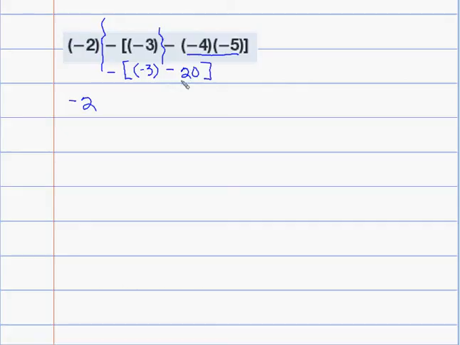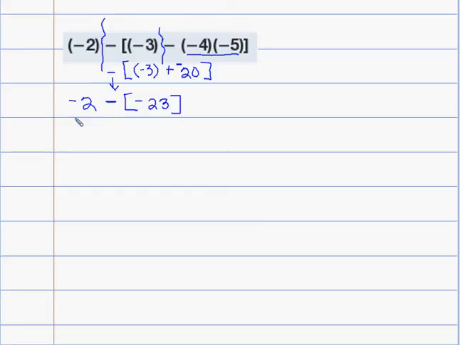Okay, now inside the parentheses I have negative 3 minus 20, and remember that you always add the opposite. So we're going to have this minus sign out here, and I'm going to put the bracket just so that we're clear what we have here. We have minus 3 plus negative 20 is negative 23.